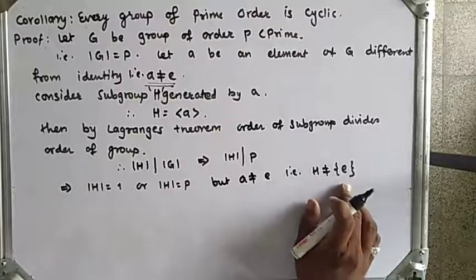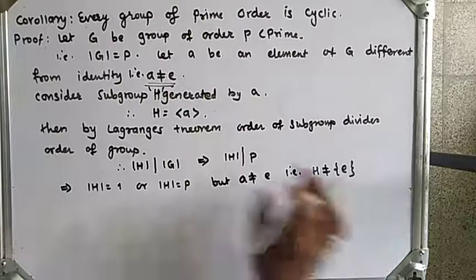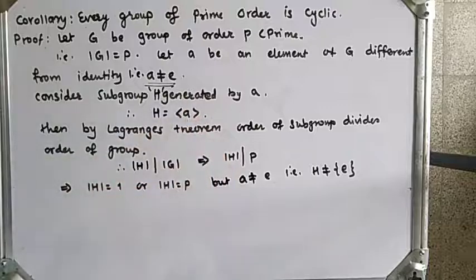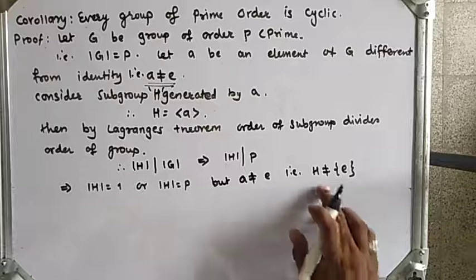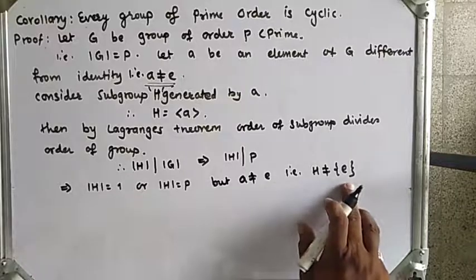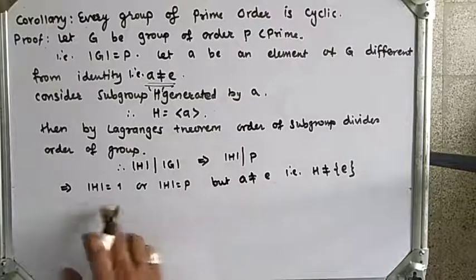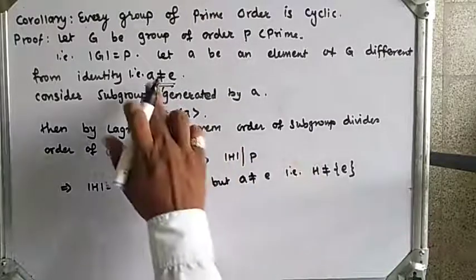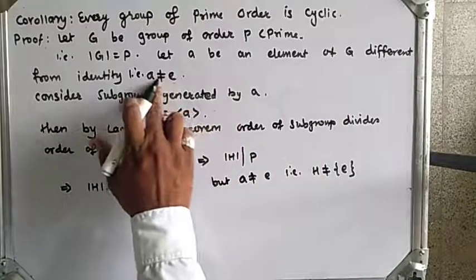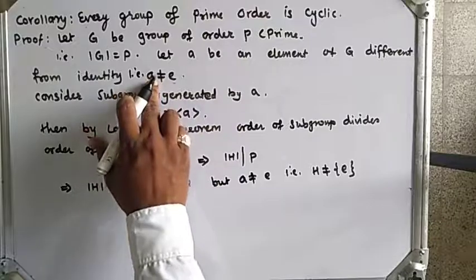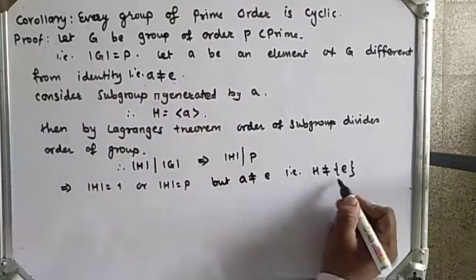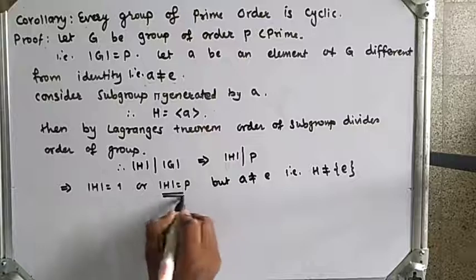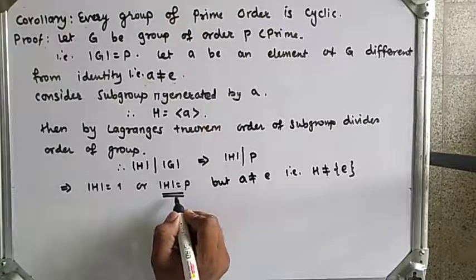If A were the identity, we would get only the identity element, and the order of H would be 1. Since A is not the identity, the only possibility is that the order of H is P.